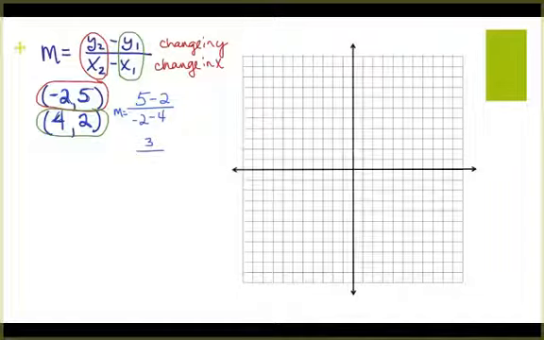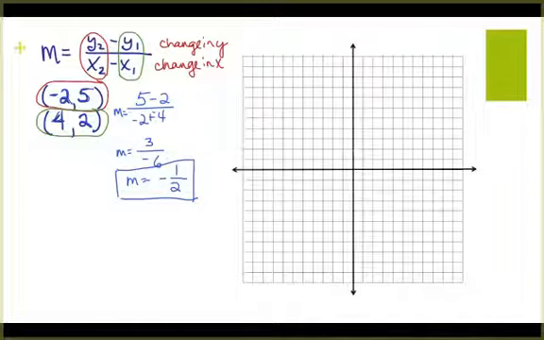Negative 2 minus 4, some people find it helpful to change that to a plus negative 4. Either way, we get negative 6. So when you see a positive divided by a negative, remember we want the whole number to be negative. We don't want to think about it being either the top or bottom negative. When we write it, we want to write it as a negative number.